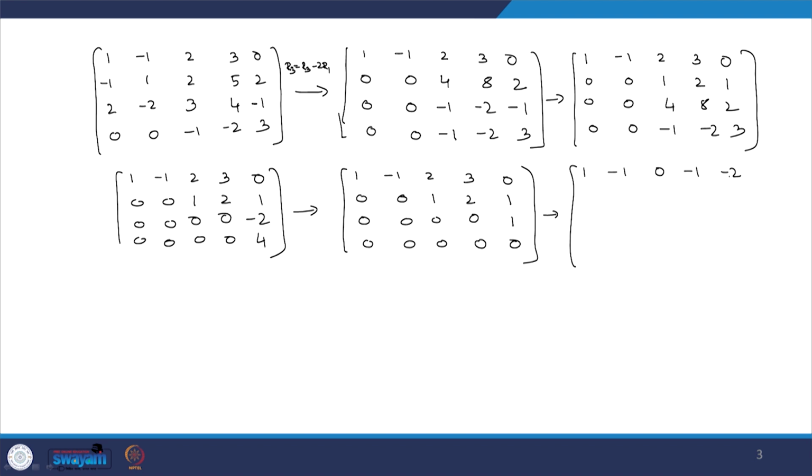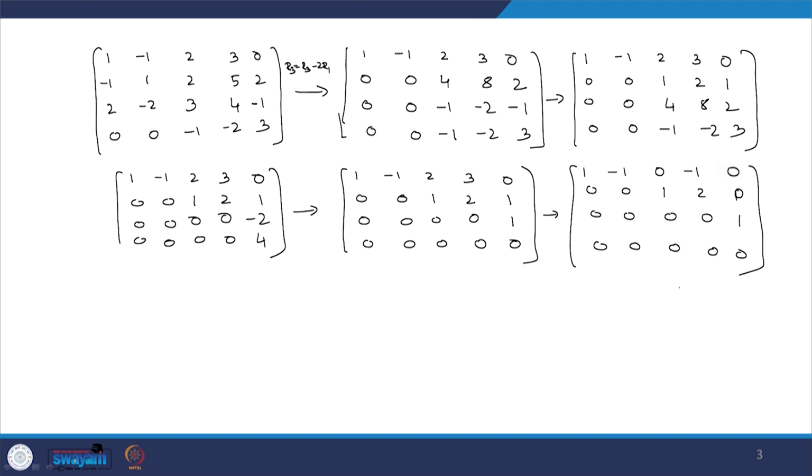And then I have 0, 0, 1, and here I am getting 2 and 1, 0, 0, 0, 0. So, again I can make it simply 0. So, this is also possible.